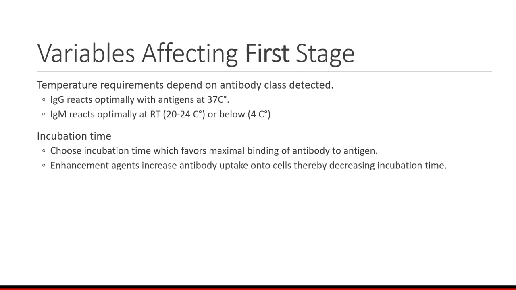Optimally means that by increasing the temperature to body temperature, it will enhance uptake of the antibody onto the antigens if the appropriate antigens are present. IgM reacts optimally at room temperature, which is 20 to 24 degrees, or very rarely we may perform some tests at 4 degrees centigrade, which is the refrigerator.